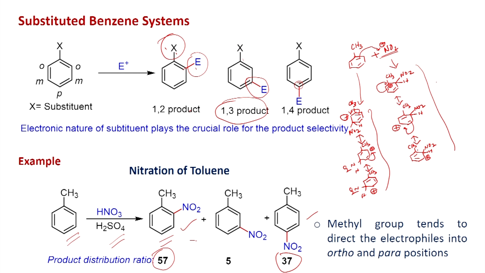If you look here, this is the most stable because this carbocation can be stabilized by the methyl group.